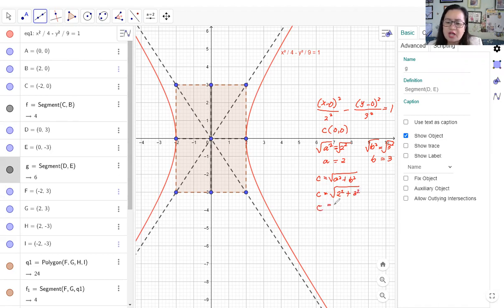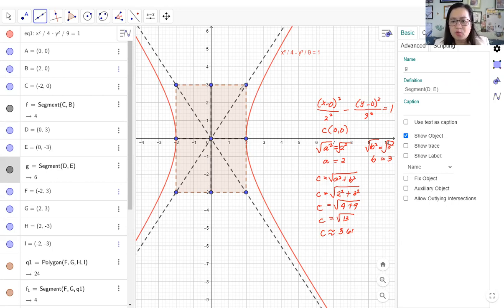Simplifying this, we will have square root of 4 plus 9. Adding 4 and 9 gives you 13. Converting this to decimal form, it is approximately equal to 3.61. So that means the foci are 3.61 units away from the center.